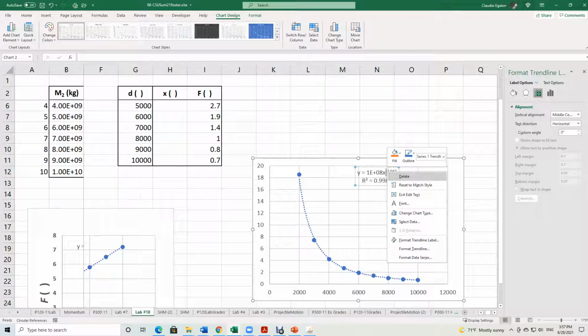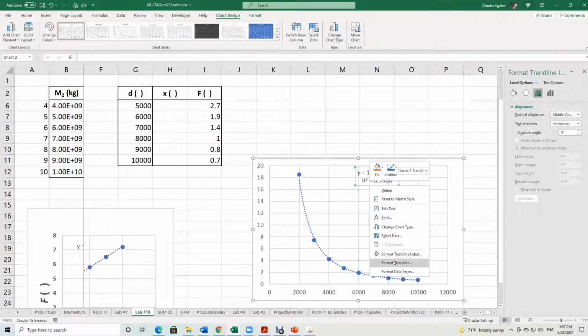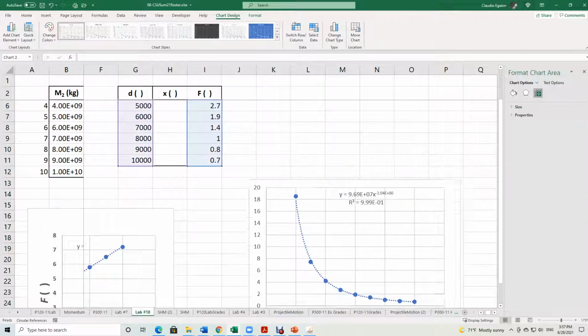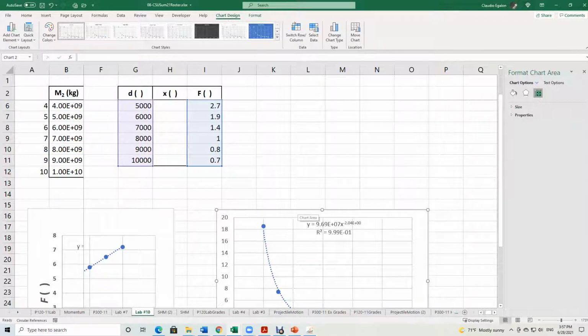Note that we have a negative number. If you want more decimal places there, just change the format to scientific with 2 decimal places. Okay. That's the graph you want to do. I'm saving that for you.